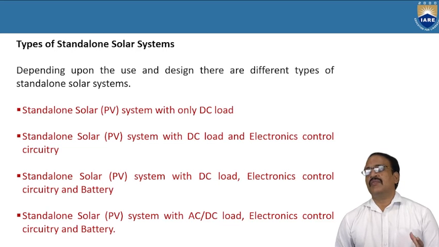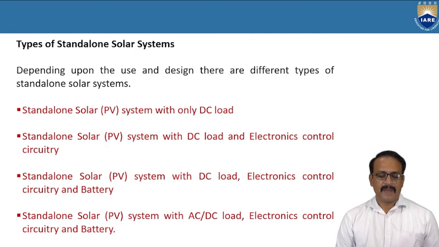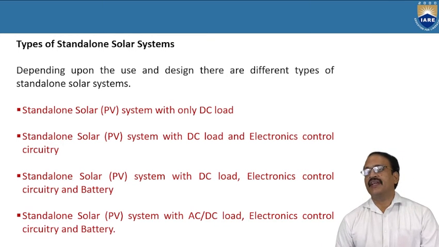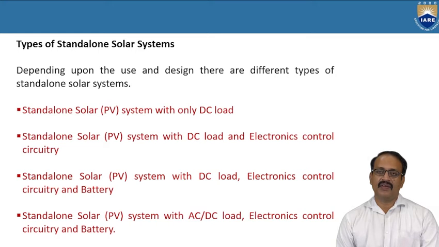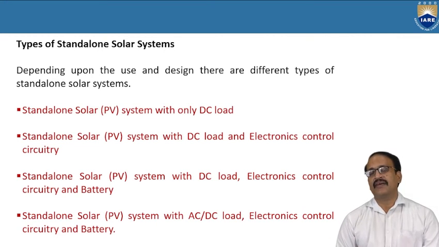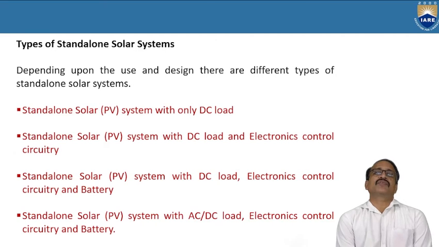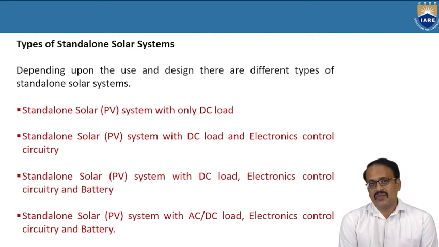See, we have talked about different applications, and we have discussed the general off-grid solar panel. If you want to divide these off-grid or standalone solar systems, we can majorly divide them into four categories.